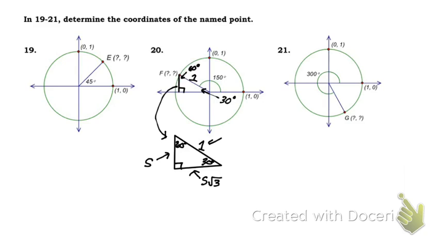And the one across from 90 degrees, which is our 1, is going to be 2S. So 2S equals 1. Divide both sides by 2, you find out that S equals 1/2. So this length right here is 1/2.